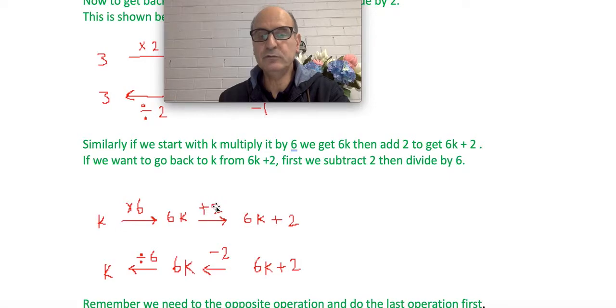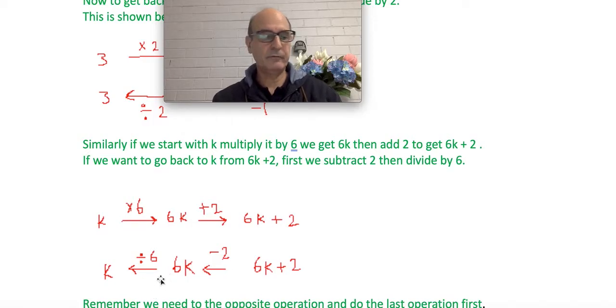Here I'm adding 2, I got to take away 2. So if I take away 2, I'm going to end up with 6k. You can think of it like that, or you can say, okay, 6k plus 2, take away 2. So I added 2 and I'm taking away that 2. So this 2 is gone, I end up only with 6k.